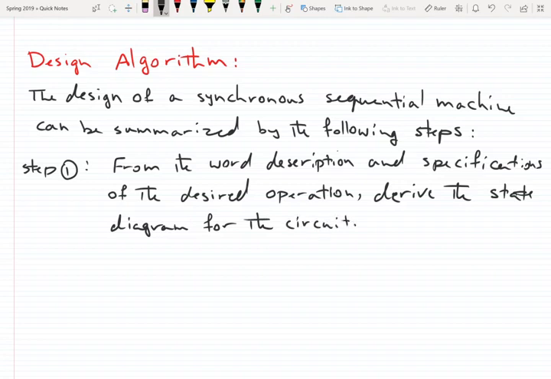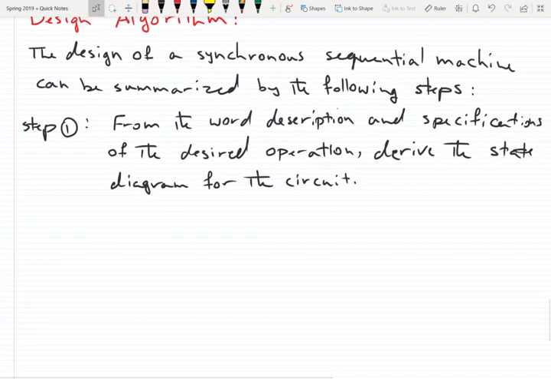So deriving the state diagram is the first step of this design algorithm. Can you hear me? This one is step one. So the first thing we do, we derive the state diagram.